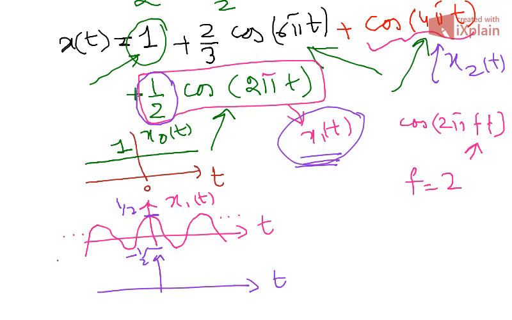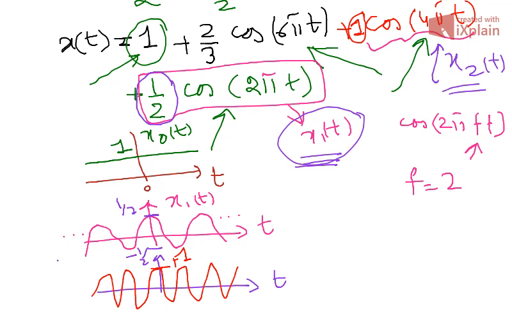But if you observe x2 of t, here it is 1, so it oscillates at a higher frequency, 2 Hertz, between +1 and -1, right? This one has 1 Hertz frequency, this one has 2 Hertz frequency. The drawing is not very perfect, but keep in mind that the frequency for x2 of t is 2 Hertz.